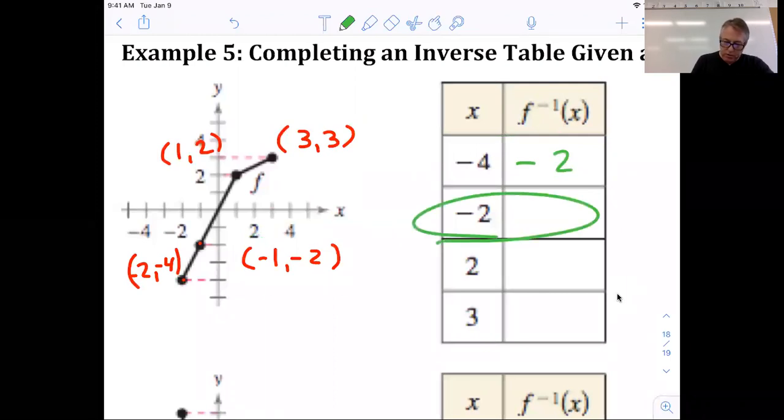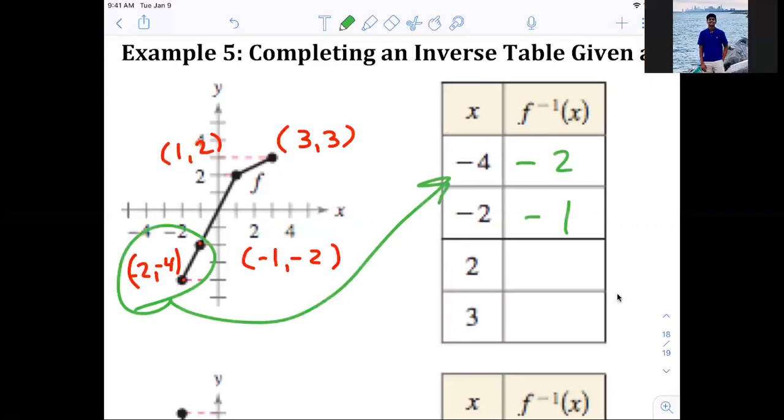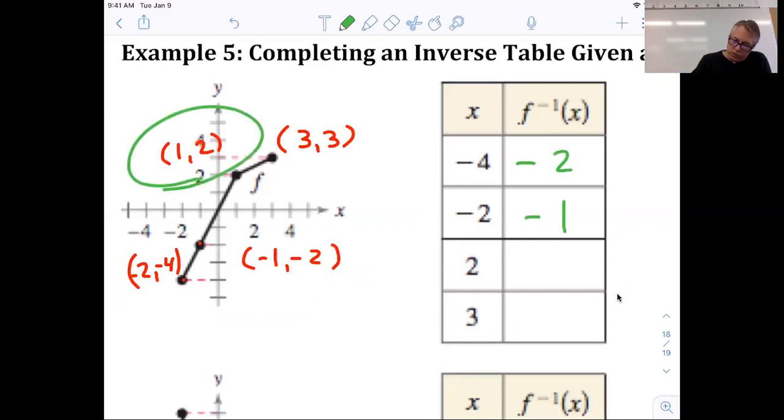On its inverse, for an input of -2, its output is -1. So you're switching the x and y values from the function on its inverse. Just like the first one, these were the x and y values on the function. They switch on the inverse. So these two are going to switch, meaning 2, 1 is going to be on its inverse.